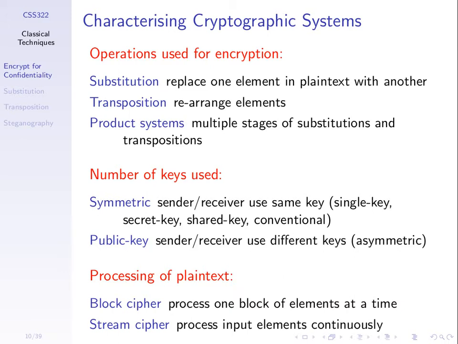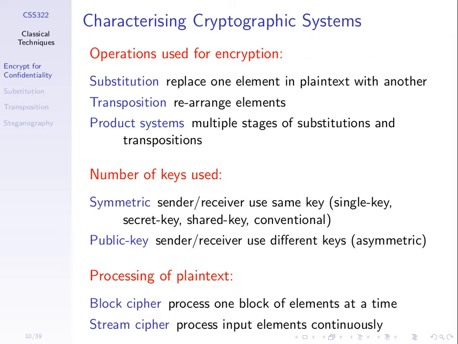Substitution would be taking, say, the letter H, one of the elements, and replacing it with another letter from the alphabet. Let's say I take H and replace it with the letter T. That's a substitution operation. And that should follow some rules, so we don't just replace it with any element. The algorithm specifies what elements you replace them with. But that's the operation.